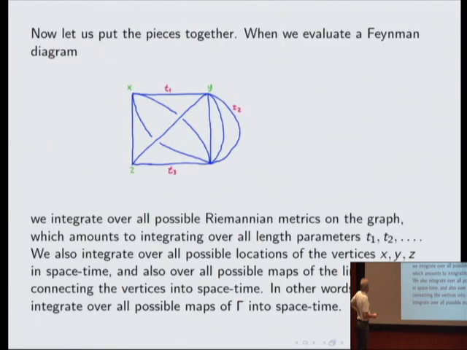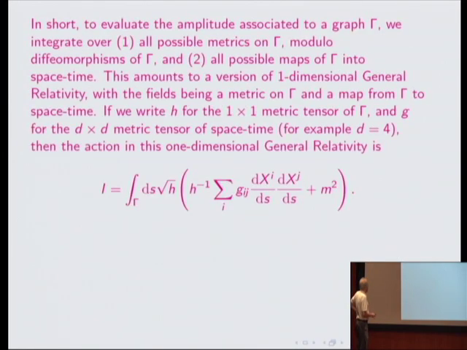Well, the action is really a sum of integrals over the different pieces, but I just write that as an integral over the whole graph. Each piece of the graph is parameterized by coordinate s. It has a 1-by-1 metric tensor h. And this is the general relativistic action for a theory of one-dimensional general relativity with a metric tensor h, fields x.